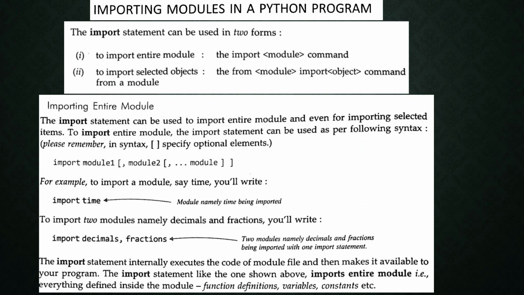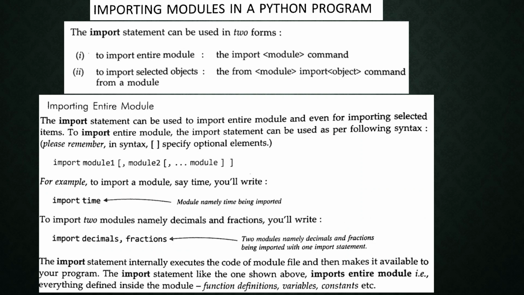The import statement can be used in two forms. The first one is to import the entire module: just insert the import module command. The second is to import selected objects from a module.